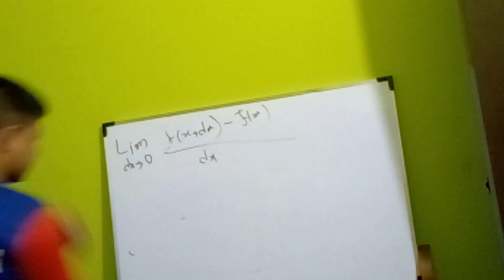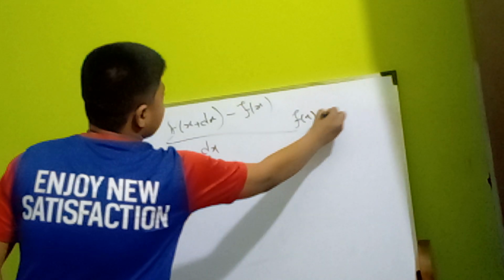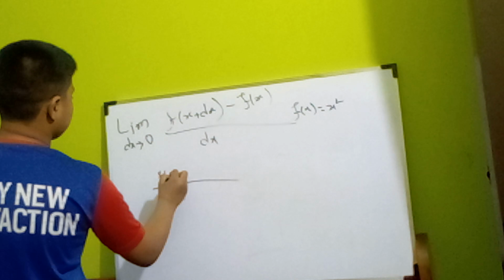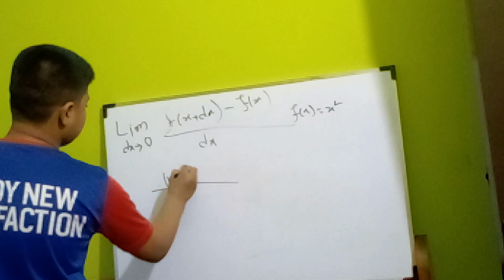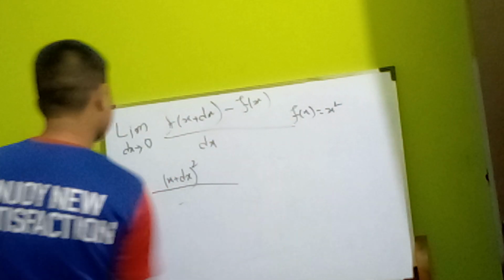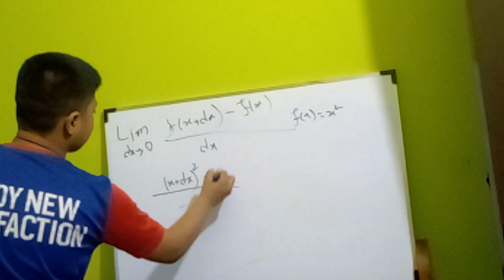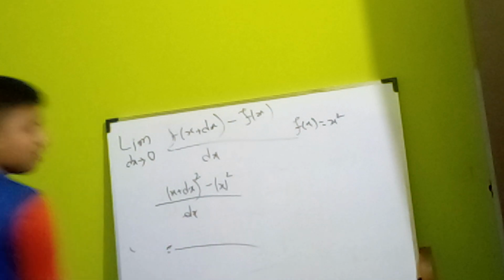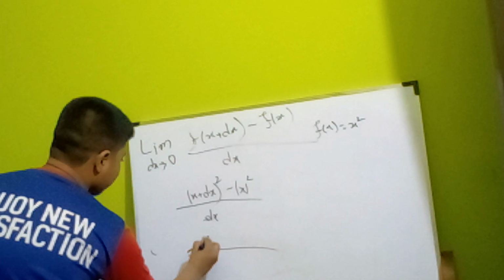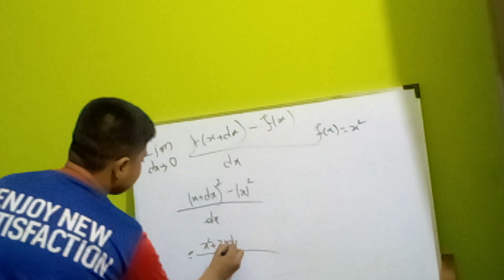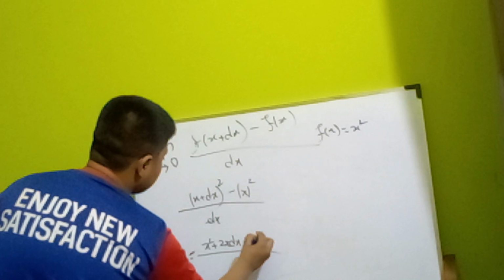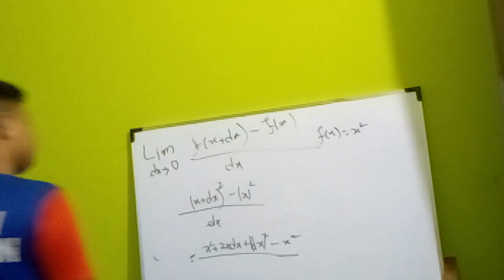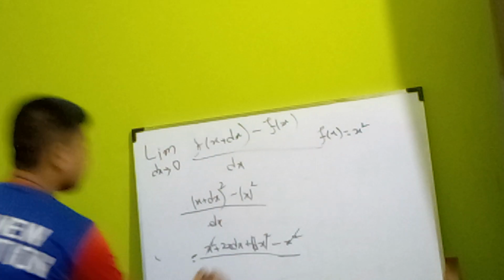Consider that f of x is x squared. Now we can write f of x plus dx all squared minus f of x, which we defined as x squared, minus x squared divided by dx, and the basic algebra formula x squared plus 2x dx plus dx all squared minus x squared, and this x squared gets cancelled out.